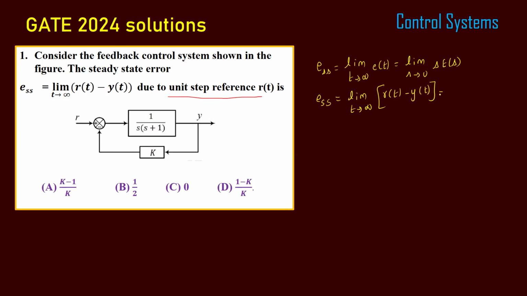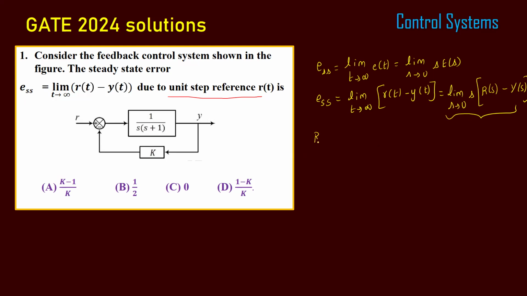Let me convert this into S domain: limit S tends to 0, S into the Laplace transform of r of t, which is R of S, minus the Laplace transform of y of t, which is Y of S. Now I am going to use this formulation to find the steady state error value.